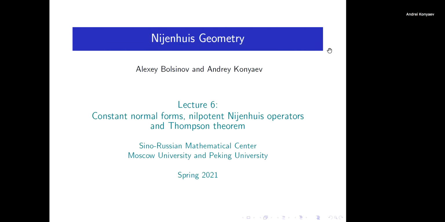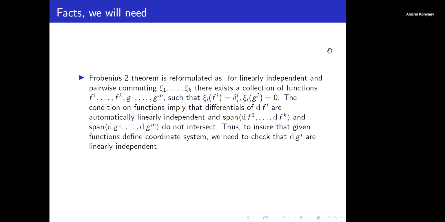Okay, because we work with a tensor object, you just can't say whatever you like. So we start with several facts we need, as usual. As you may recall from our earlier lectures, we have the Frobenius theorem. The Frobenius theorem states that if you have pairwise commuting vector fields, which are linearly independent, then you can take them as coordinate vector fields.